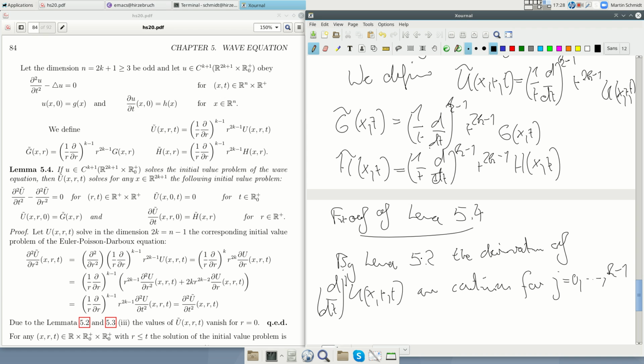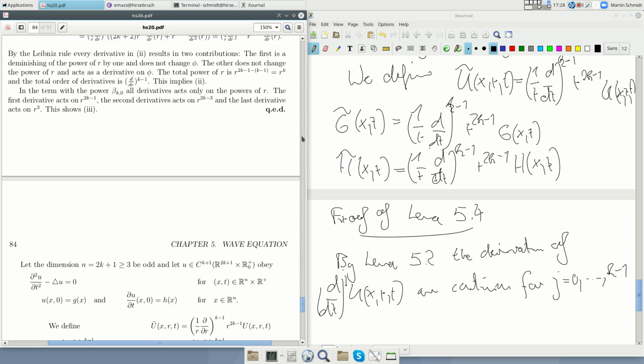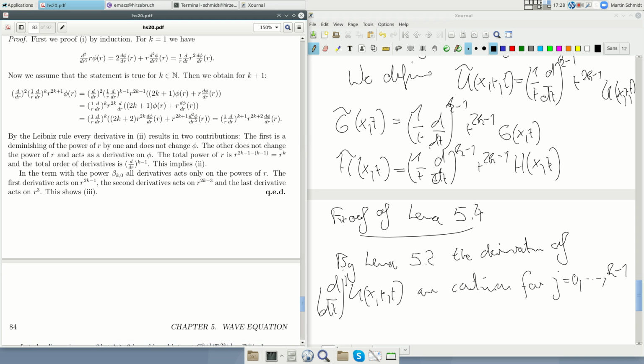In this lemma we have one extra derivative of the u.